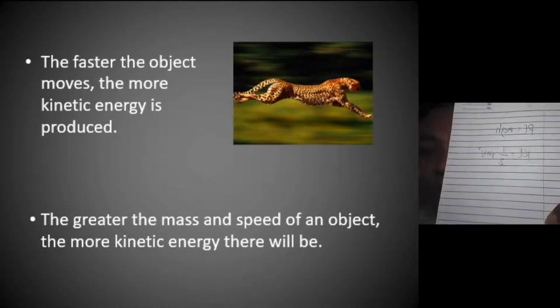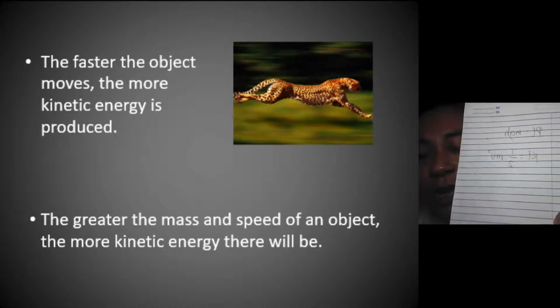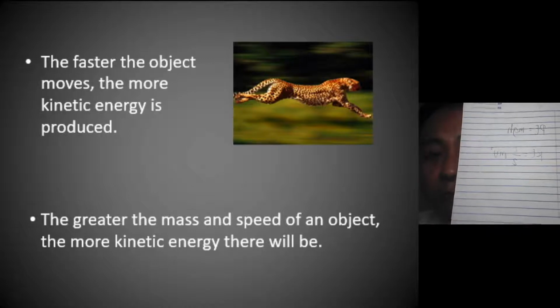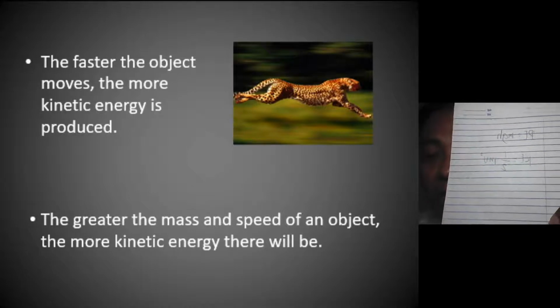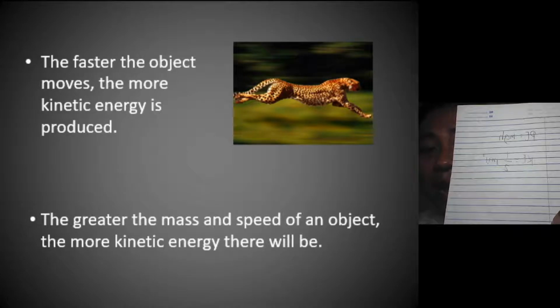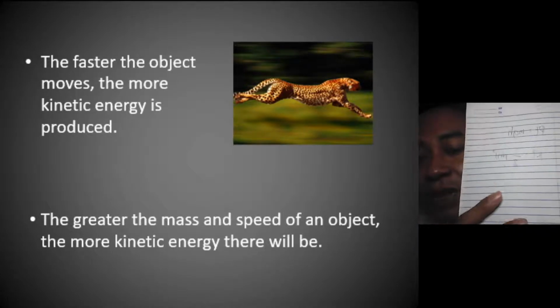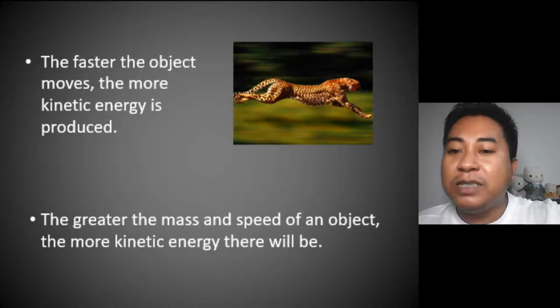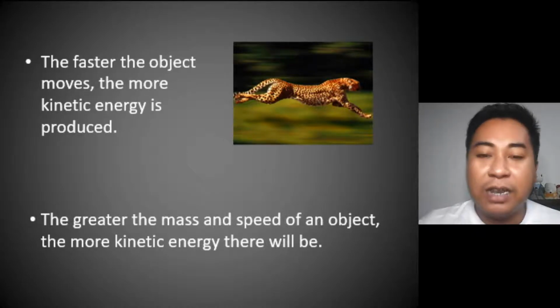Mass and velocity are directly proportional to your kinetic energy. Therefore, the heavier the object and the faster the object, the greater its kinetic energy. Ayan. So, 1/2, dinidivide na lang siya by 2. Okay. So, the greater the mass or the speed of an object, the more kinetic energy there will be.